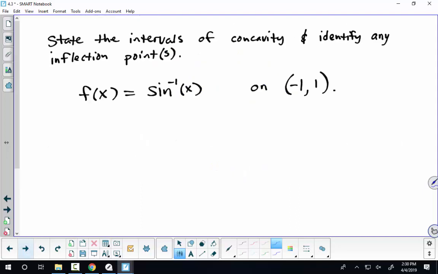So we'll look at one example. State the intervals of concavity and identify any inflection points for the inverse sine of x on the interval from -1 to 1, not including the endpoints. Does anyone remember the domain for inverse sine? We had to restrict the domain of sine to get it to be 1 to 1.